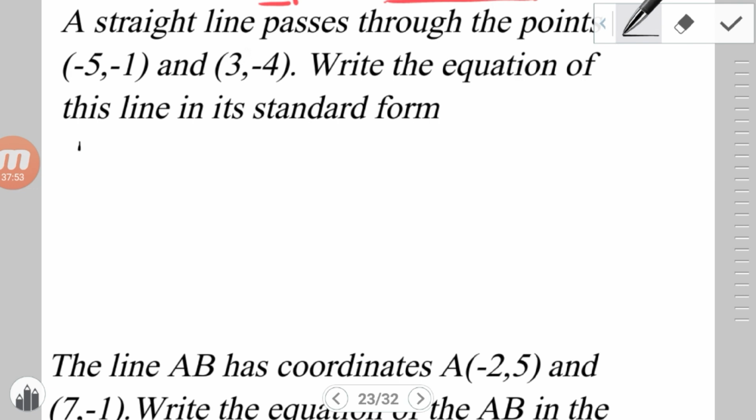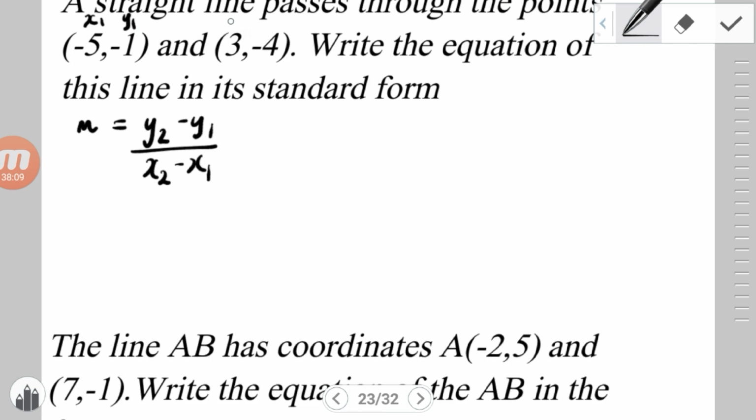Again, we need to calculate m. So that's m is equal to y2 minus y1 over x2, take away x1. So here we go, we're going to label our points, that is x1, y1, and x2, y2. So labeling our points here, we find that m works out nicely to be y2, which is -4, take away y1, which is -1, over x2, which is 3, take away x1, which is -5.